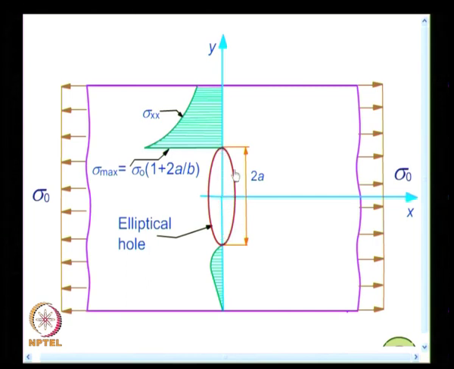So, what you have here is, in a tension strip you have an elliptical hole, and this shows the typical variation of the stresses on this axis. You have the variation of sigma xx, and Inglis found that this is related to the far field stress by a factor 1 plus 2a by b.